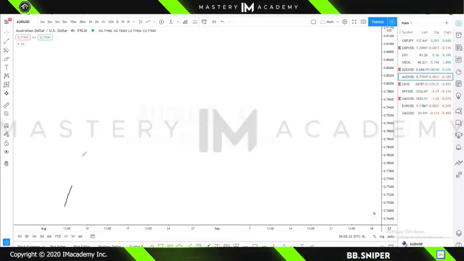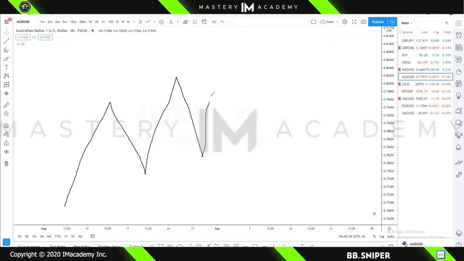If the 4 hour is making higher highs and higher lows, the 4 hour is obviously in an uptrend. But let's say the 1 hour comes here and makes a valid higher low inside of this 4 hour range.